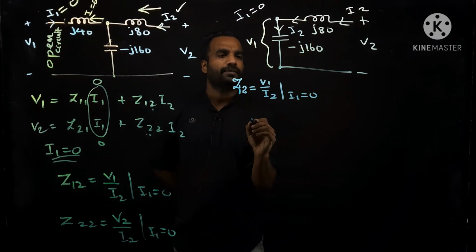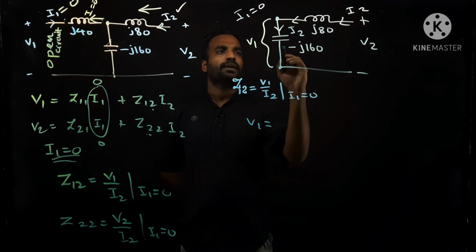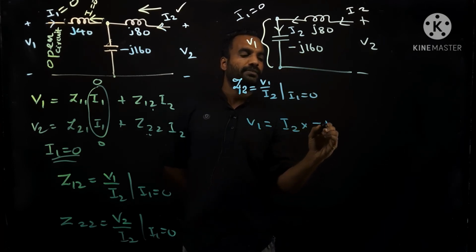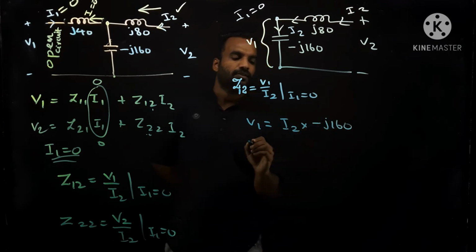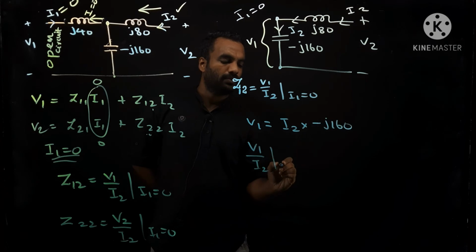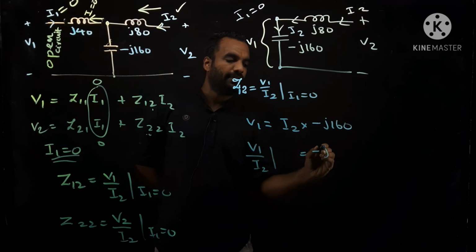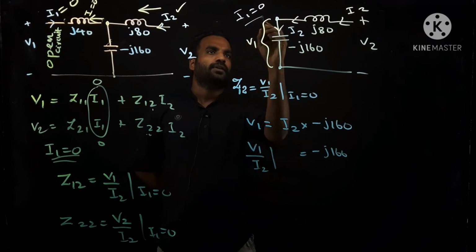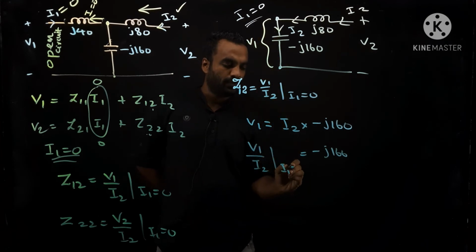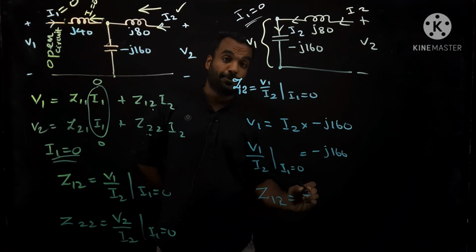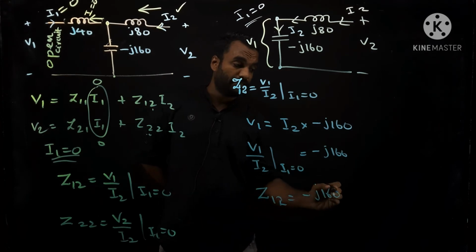So I can write V1 is equal to current into this impedance value, I2 into minus J160. So V1 by I2 is equal to minus J160, where I1 is equal to 0. So I can simply write Z12 is equal to minus J160 ohm.